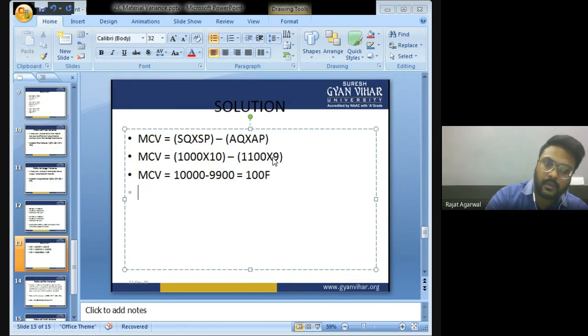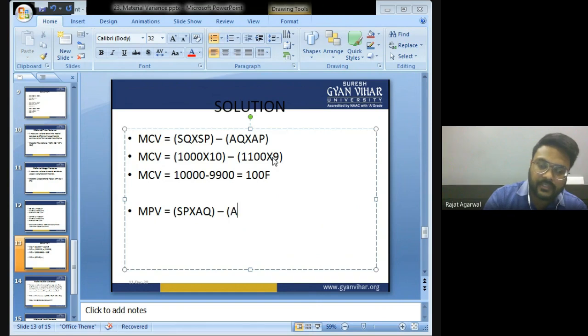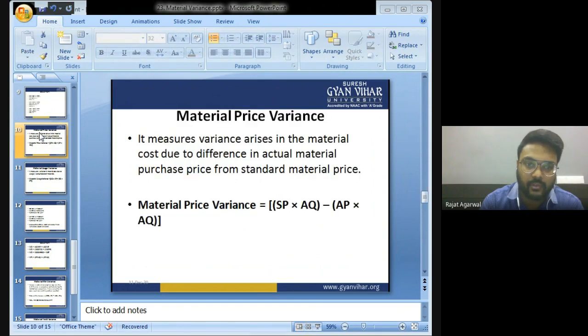Now let us calculate material price variance. The formula of material price variance is standard price into actual quantity minus actual price into actual quantity. This is the formula. You can see it here.